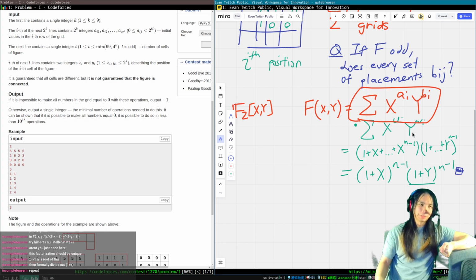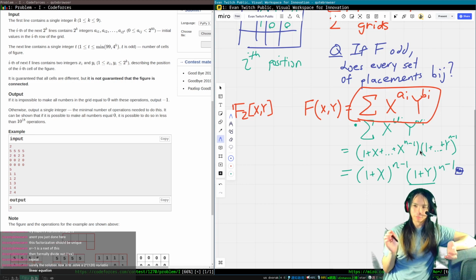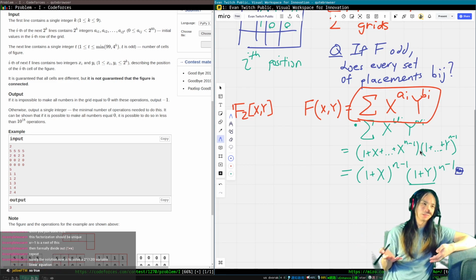Or, it's not divisible by... Actually, I have to be a little careful. It's not divisible by 1 plus x, 1 plus y. No, it's not divisible by 1 plus x. If it's divisible by 1 plus x, the number of cells in f is odd. That is actually also true, right?